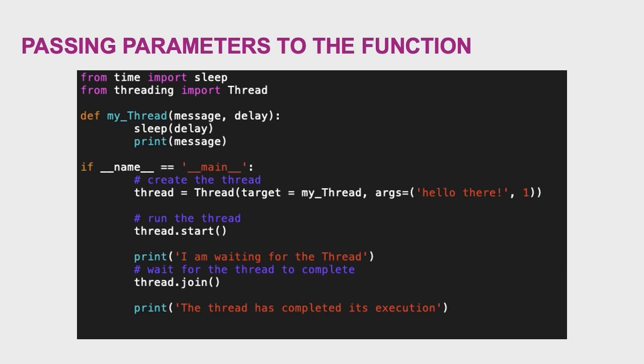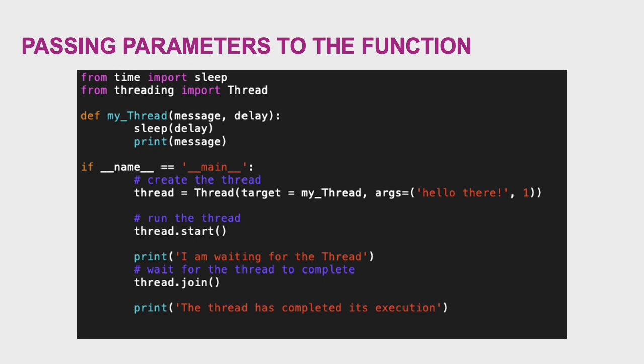So far, so good. Everything seems fine. Let's make things slightly more complicated. Let's try to pass parameters to the thread function. So our idea is to pass to the myThread function the text of the message to print, and the number of seconds to wait.